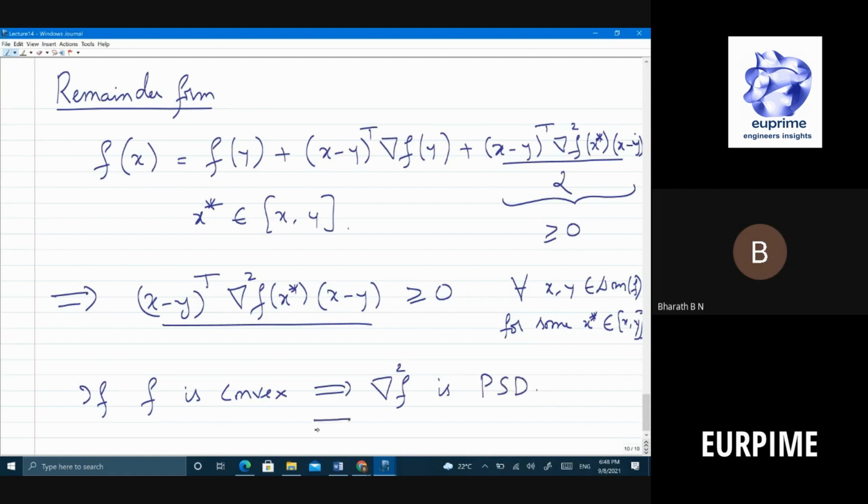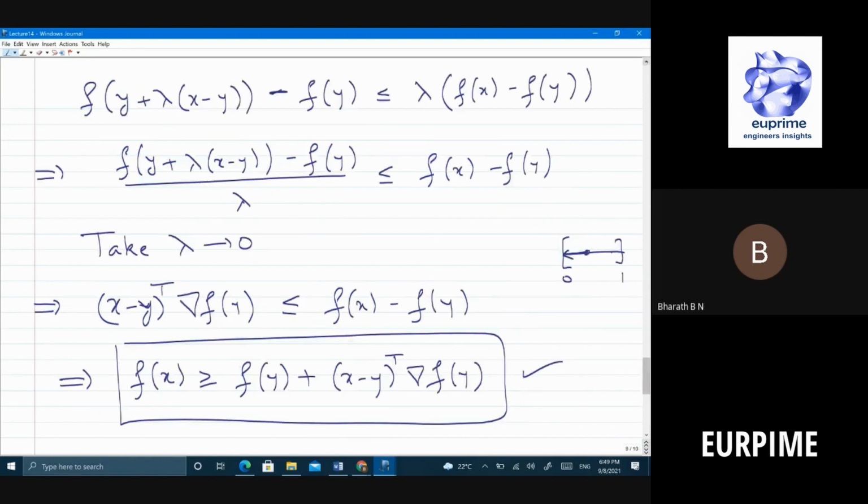Now the question is, is the reverse true? If the Hessian is positive semi-definite, can you conclude that it's convex? Yes or no? If the Hessian is positive semi-definite, definitely this inequality is true. But the moment this inequality is true, if you can prove that it's convex, then we are done.